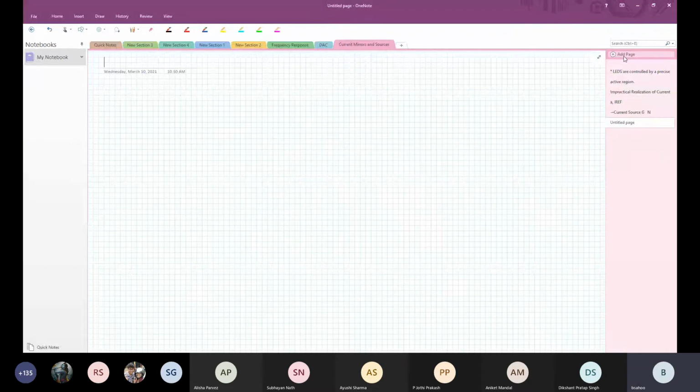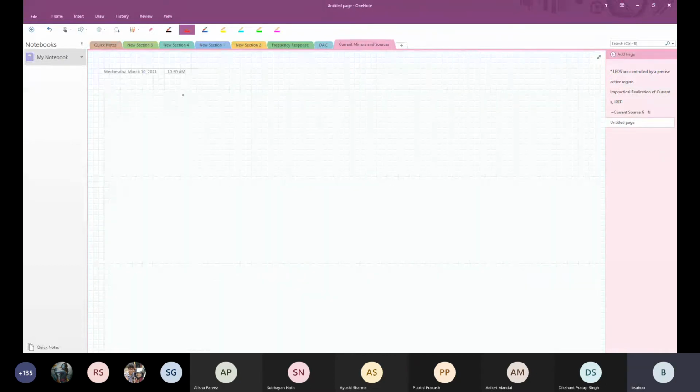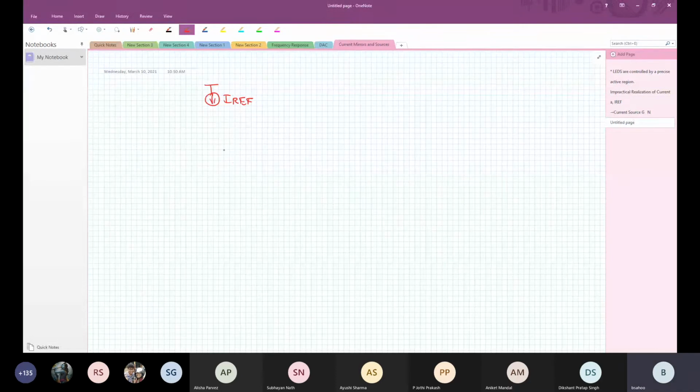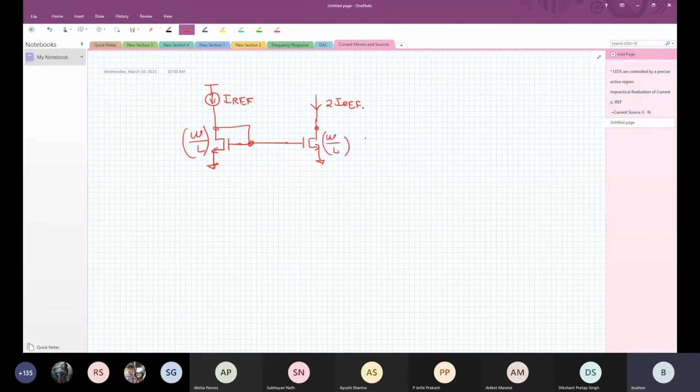Now the next thing is that we want to mirror currents using a BJT or, let's say, a MOSFET. Suppose this is Iref. To flow Iref, I need a certain W over L. If I want the mirror to carry twice Iref, then you put two W by L's in parallel.